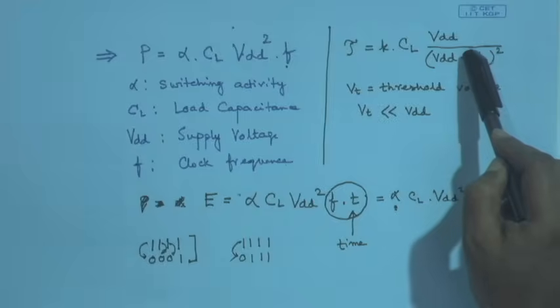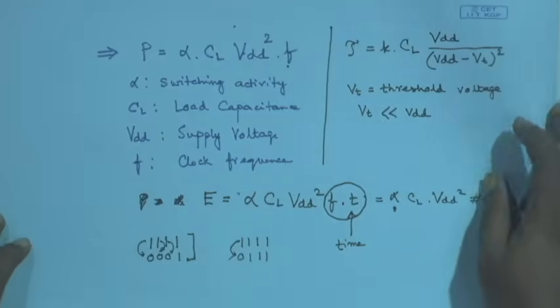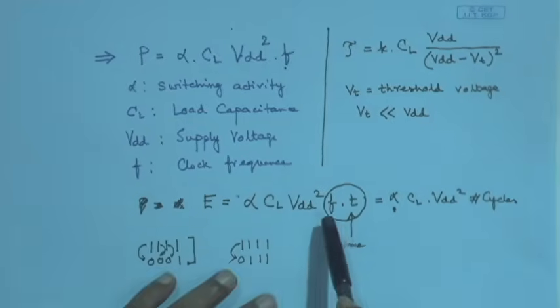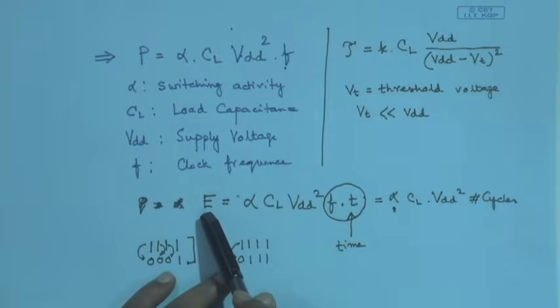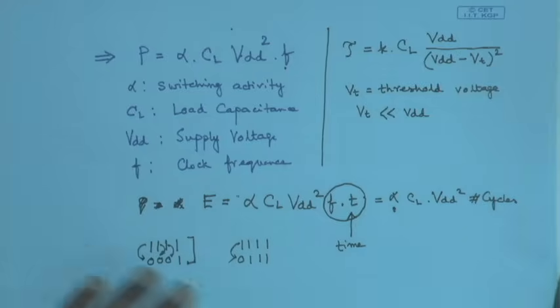As I increase the VDD, I will get more and more frequency. The frequency is important because as it increases, my energy consumption is increasing. So all these are interrelated.